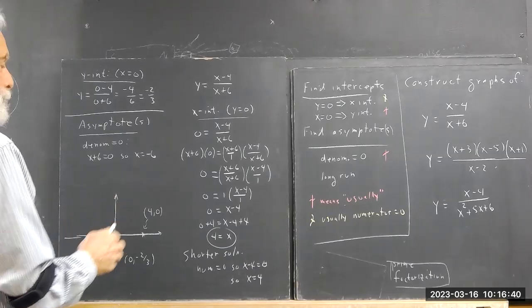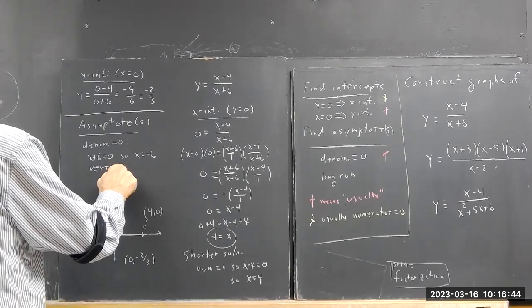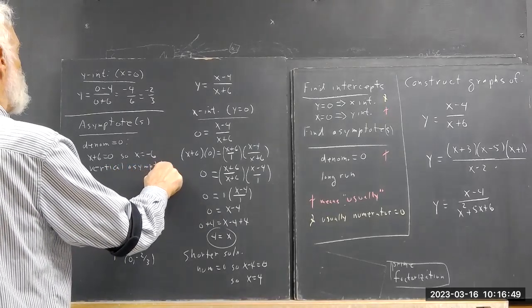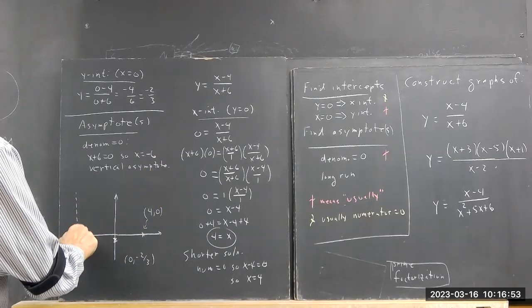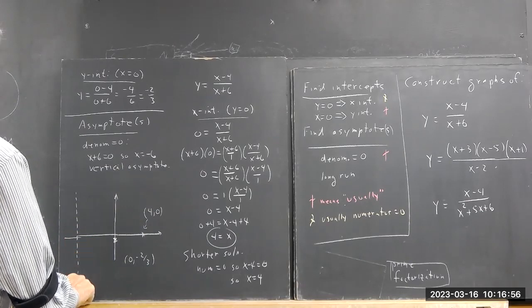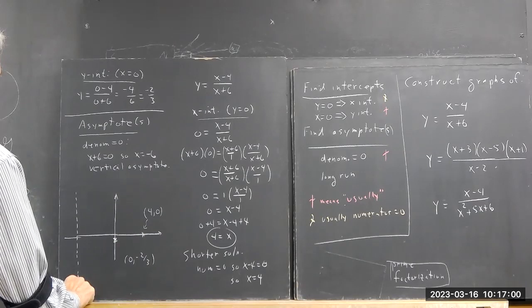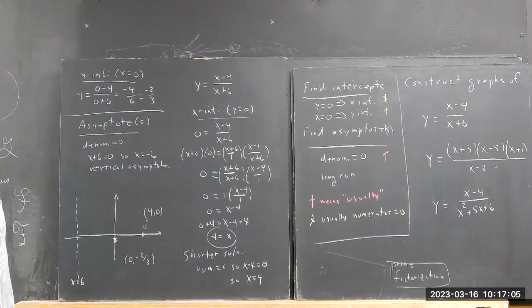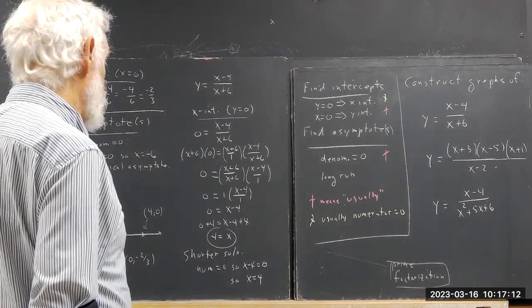Now, what do you do with an asymptote? This is a vertical asymptote. You draw a picture of the vertical line x equals -6. Now, I haven't left myself quite enough room to do the long run.